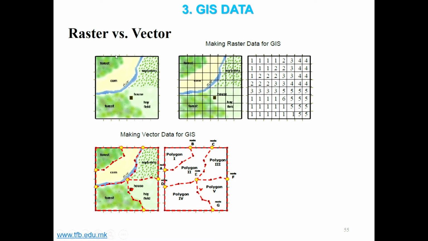This is the raster image. The other one is vector. Vector means the point, the line, and the polygon.